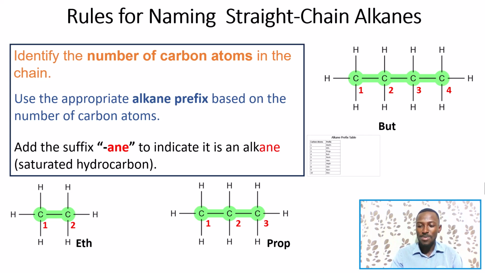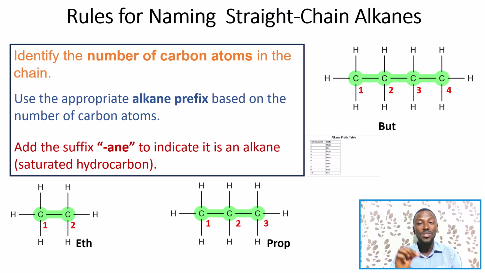Now the next step for naming the straight chain alkane is to add the suffix ane to indicate it is an alkane. Look at the spelling of alkane: A-L-K-A-N-E. The last 3 letters of alkane are A-N-E.